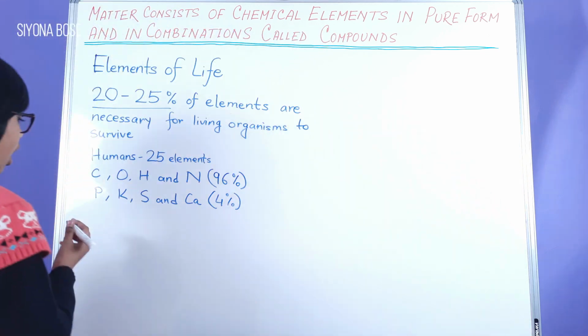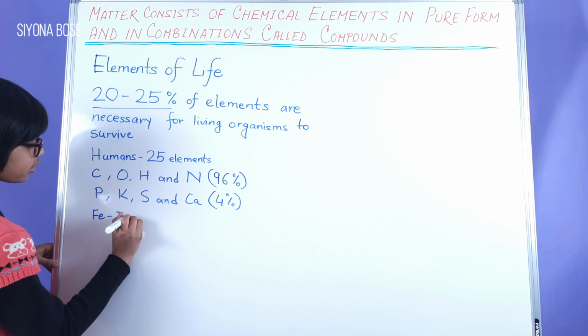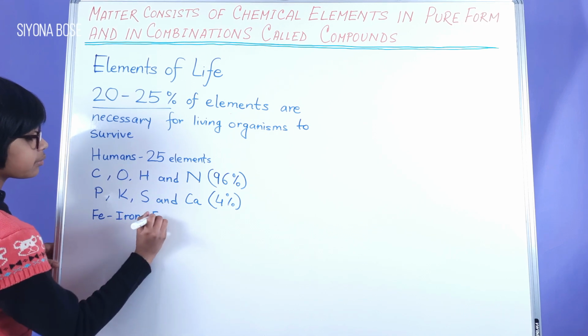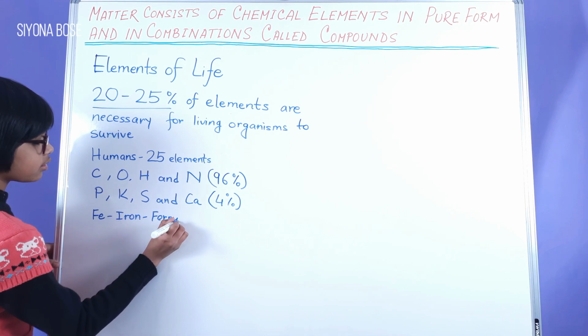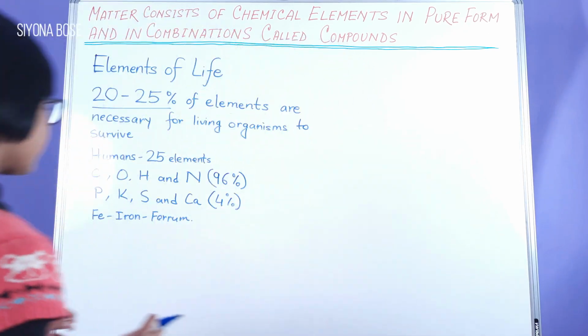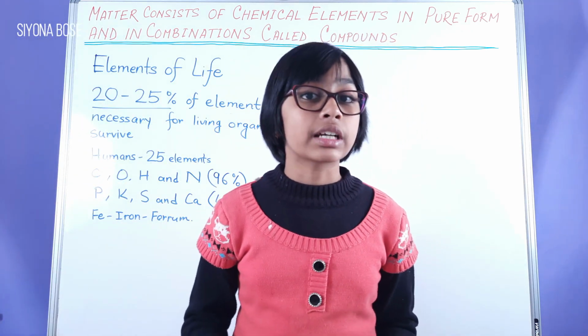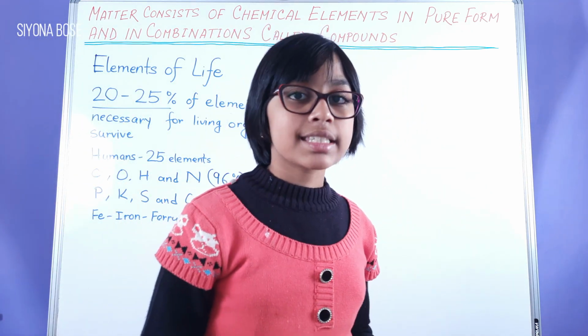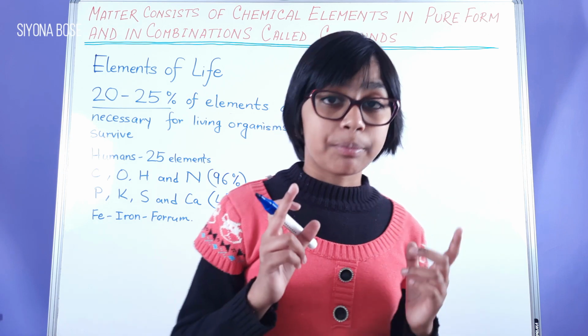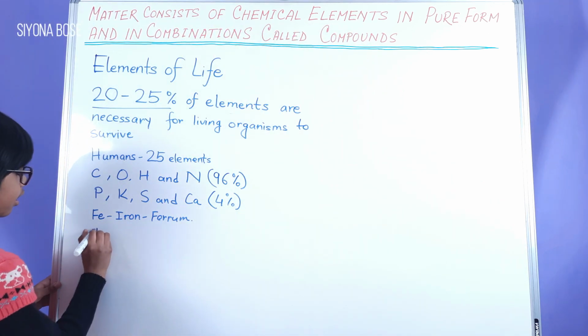For example, iron. Fe, iron, comes from the Latin word ferrum, and is one of the very important trace elements. Another very important one for vertebrates, those organisms which have a backbone, is iodine.